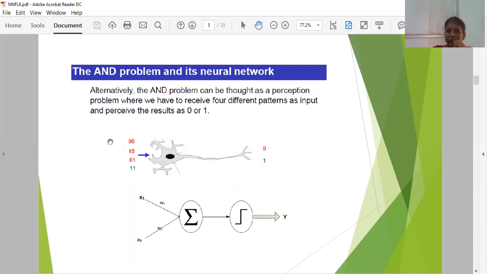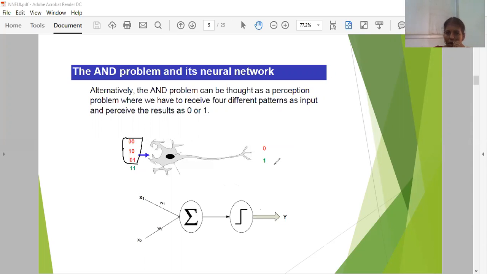You are feeding the neuron with these input patterns, and in the first three cases the output will be 0, except in the last case, where the output will be 1.